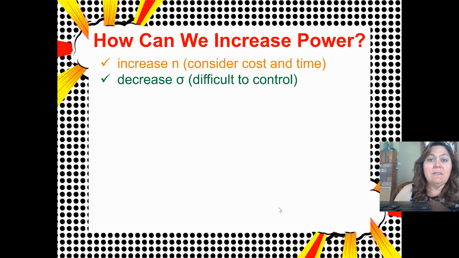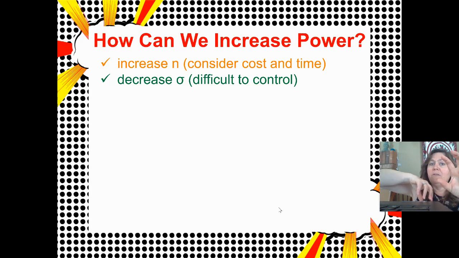I can increase N, because now if you go to your test statistic, numerator divided by sigma divided by square root of N, well, if you know enough about fractions, when you have a complex fraction like that, you flip over the denominator and multiply.